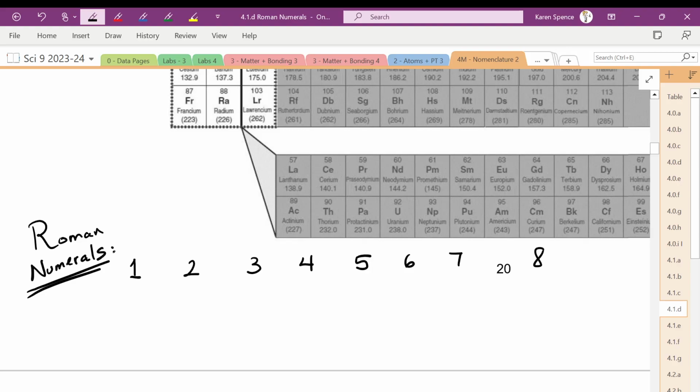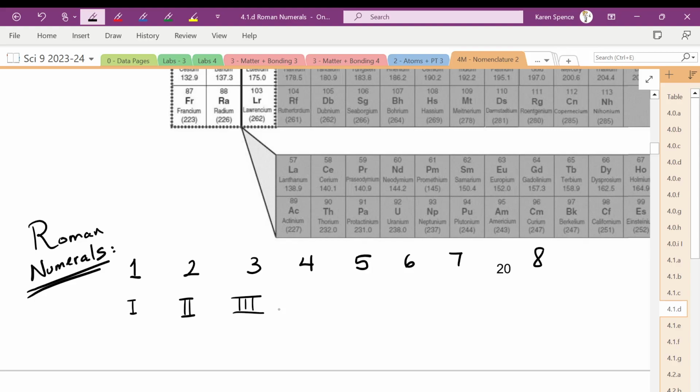Number 1 is easy. It's just the letter I. Can you guess what 2 is? II. And 3? III.